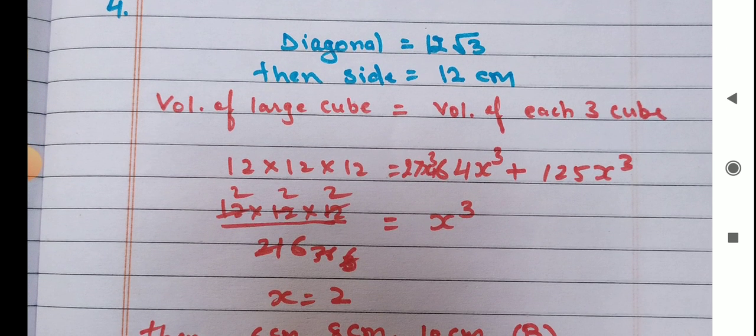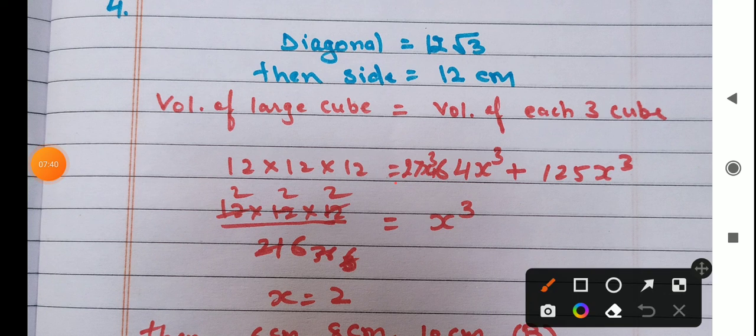The first cube volume, whose side was in the ratio given, is 27x cube, plus 64x cube, and the third cube is 125x cube. X cube is common, then you add the values 27, 64, 125. This will give you 216, and when you cancel them, you will get the value of x equal to 2 centimeter.